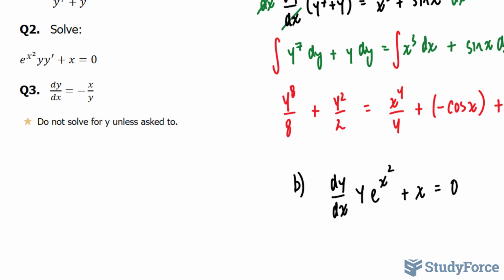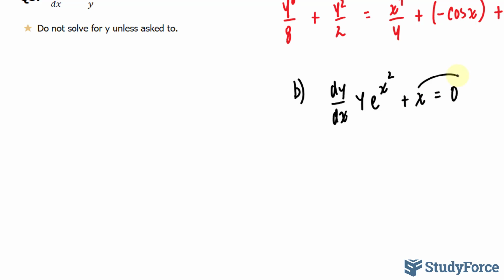What I'll do to separate the x and y terms is I'll take this x term to the right side. This gives me negative x on the right side, and on the left side we have dy over dx times e to the power of x to the power of 2. I'll divide both sides by e to the power of x to the power of 2.